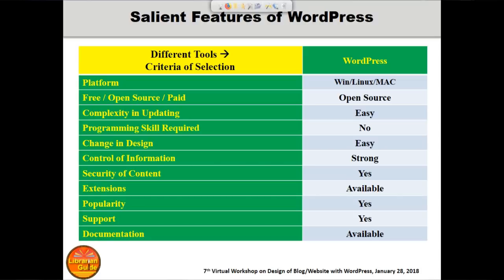So programming skill is also not required when you are using WordPress. Change in design is very easy. If you wish to change something in the design part of WordPress, it is very easy and anyone can do it without knowledge of programming skill.